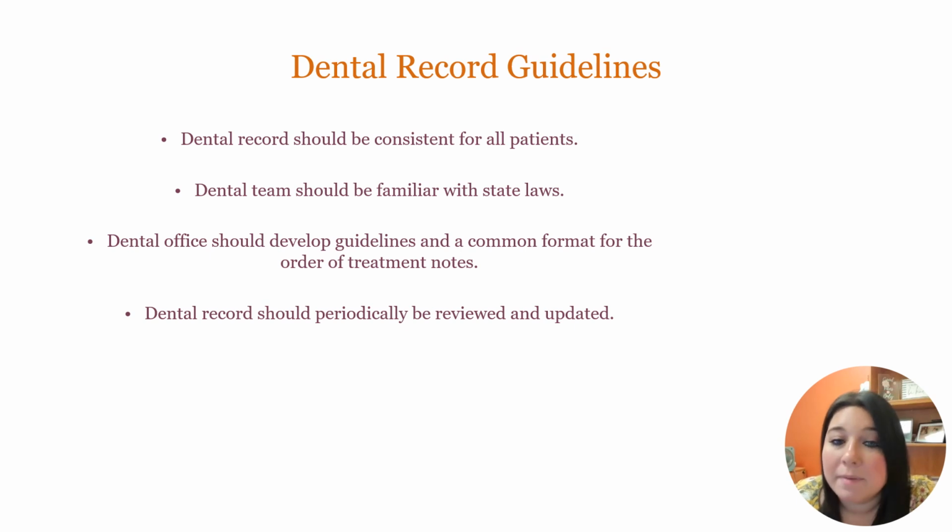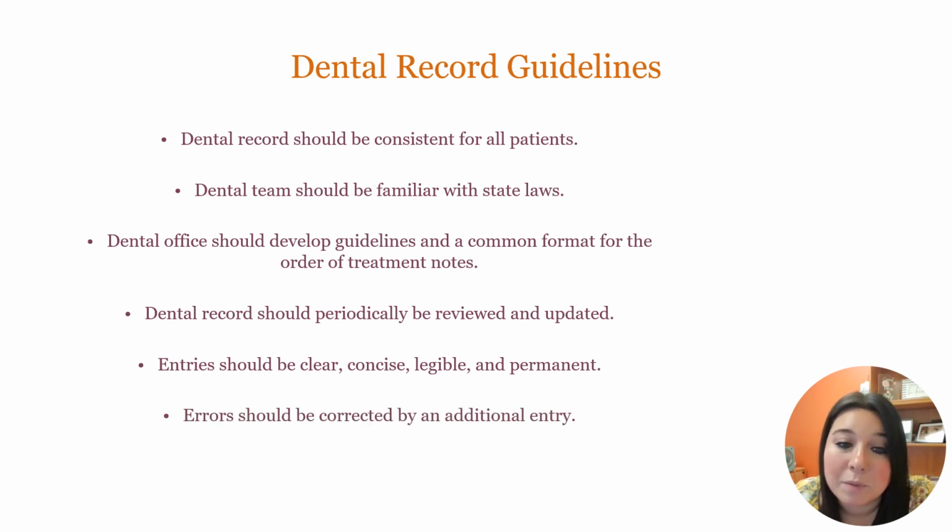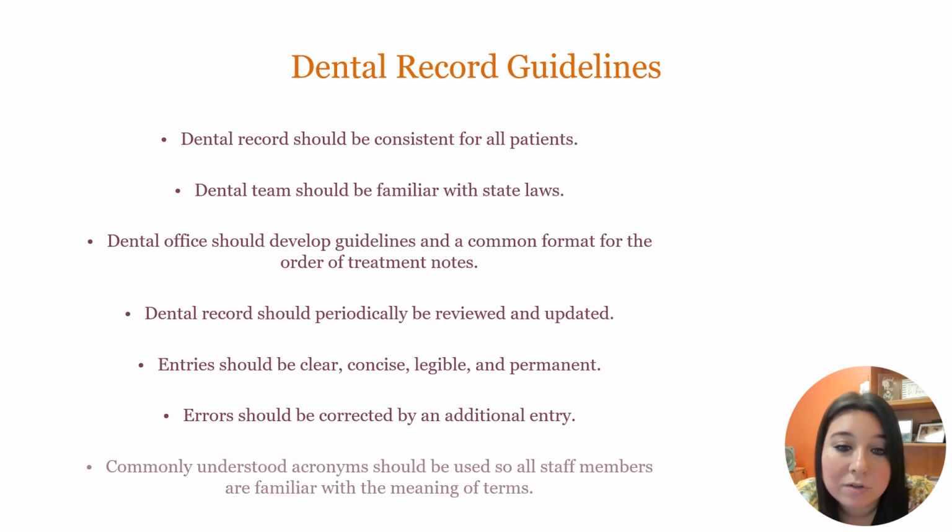The dental record should periodically be reviewed and updated as needed. Entries should be clear, concise, legible, and permanent as well. Any errors should be corrected by an additional entry. We should never be deleting stuff completely from our records. And then any commonly understood acronyms should be used so that all staff members are familiar with the meanings of terms.